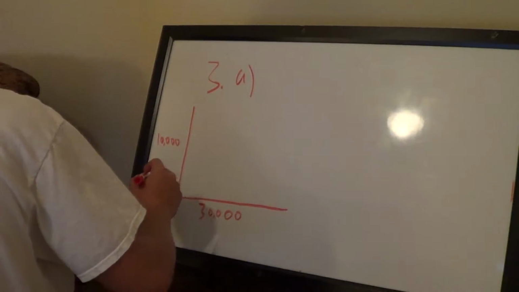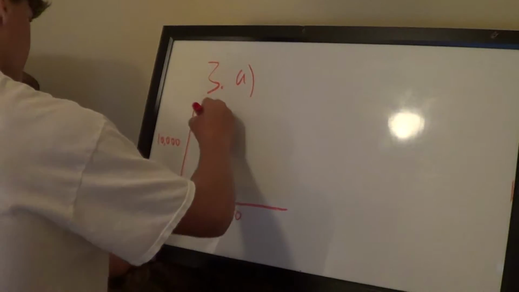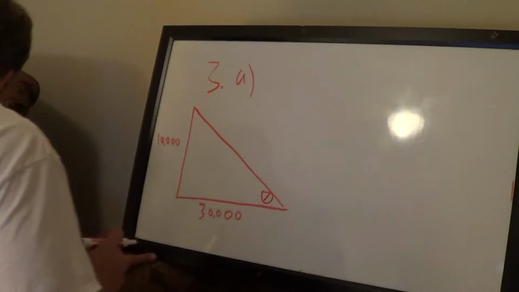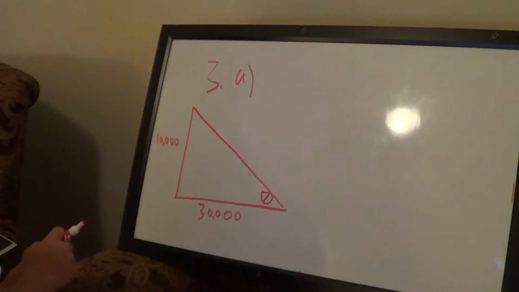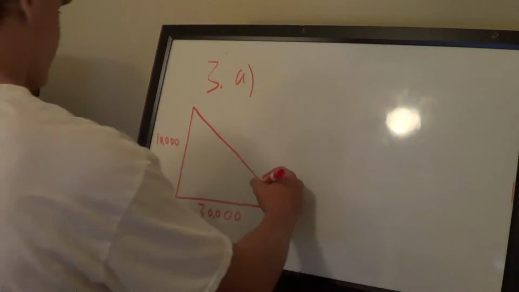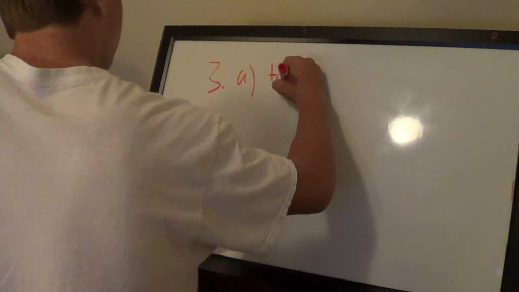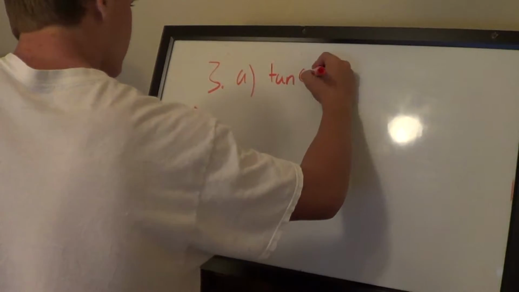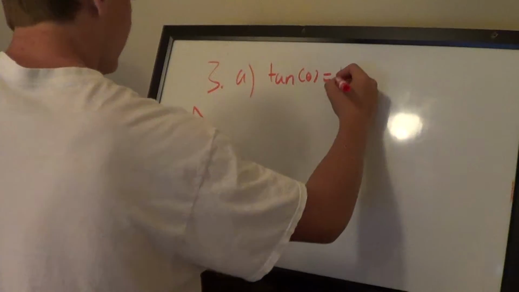And then we're trying to find this angle right here for question A. So to find this angle, we do tangent of theta equals 1 over 3.